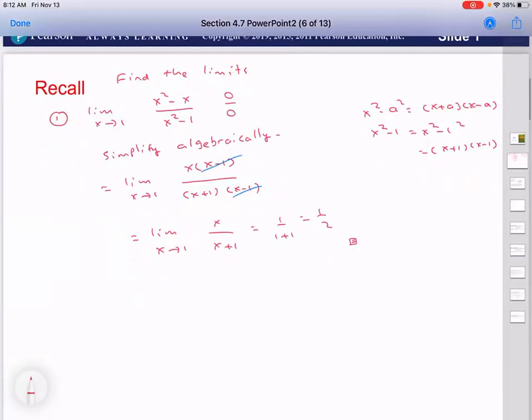Do you remember this limit? Sine x over x. Do you remember this limit? 1. That's right. How did you do this?